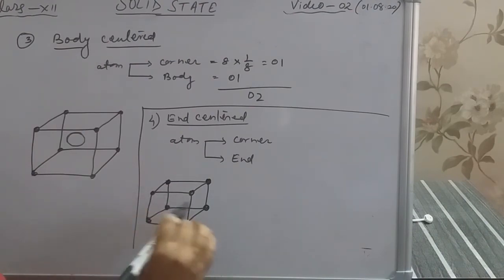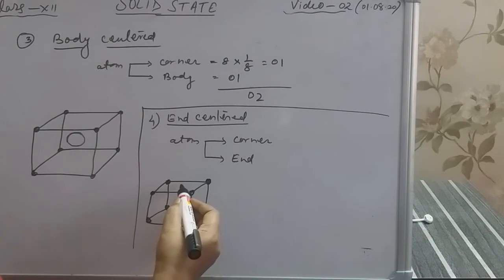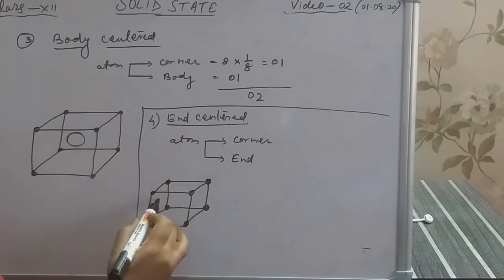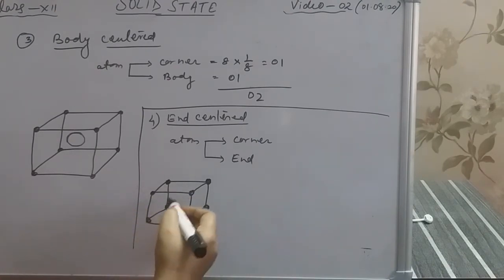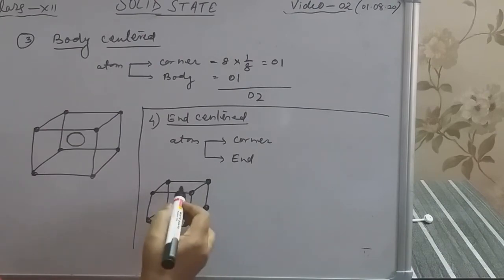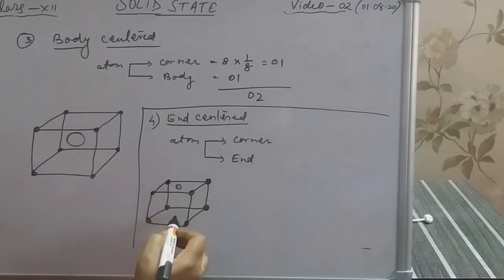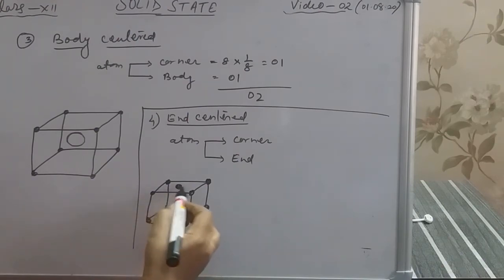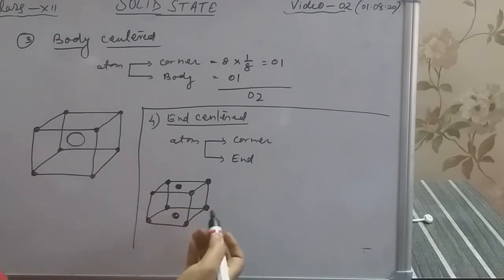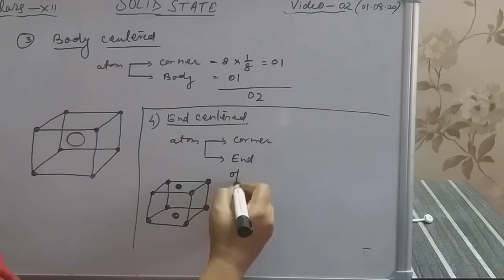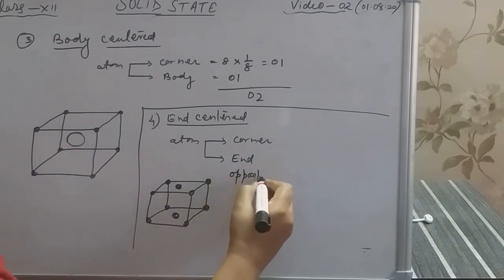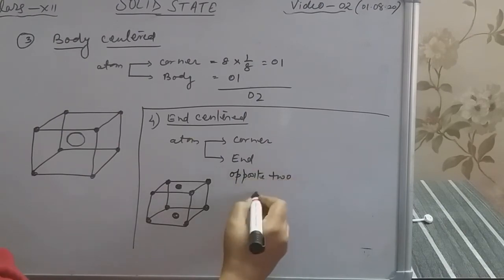Any opposite two faces, suppose this and this. Any two faces. Suppose we have taken these faces, and just opposite to these faces, atoms are present at any two opposite faces.